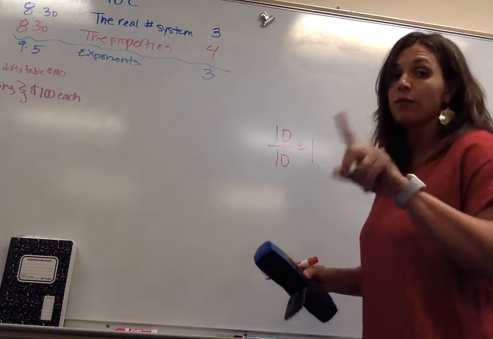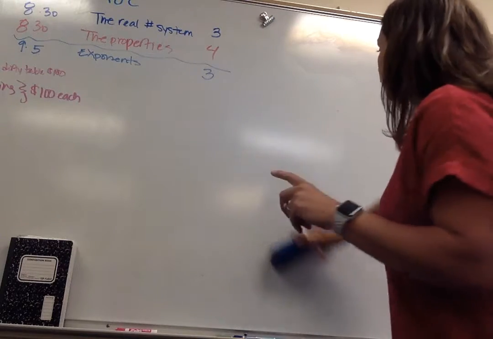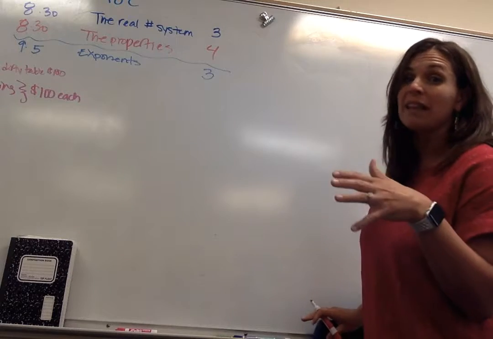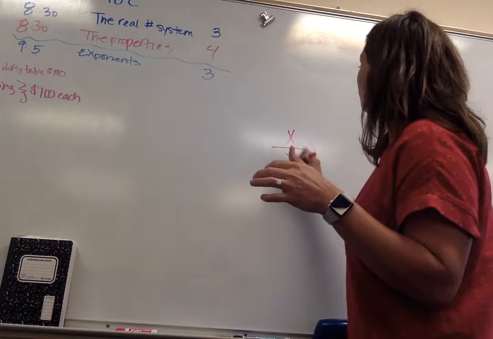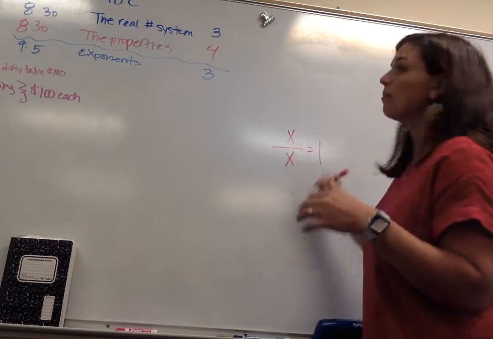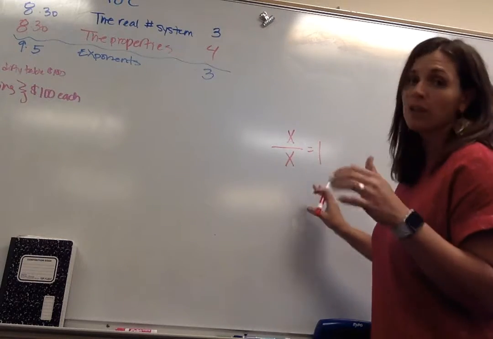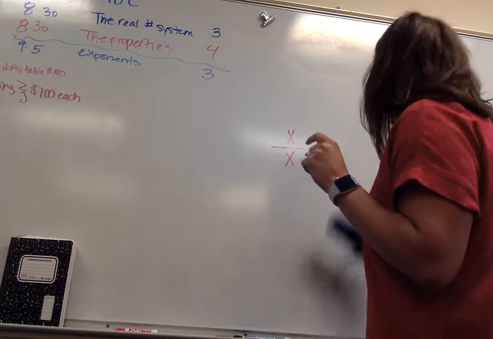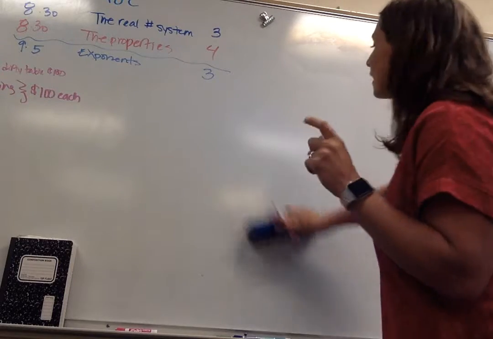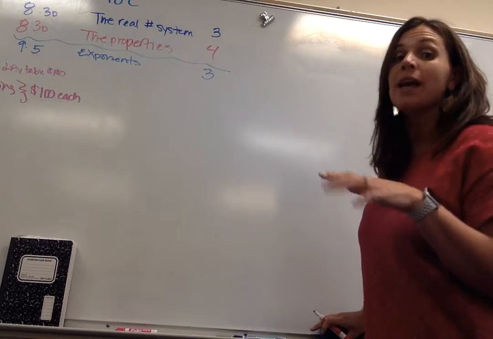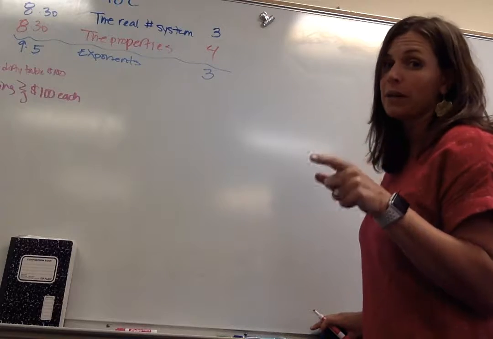Anything divided by itself is 1, and it goes for variables and for anything, because x goes into x one whole time. This is the pattern we need to recognize. When we recognize that anything divided by itself is 1, negative exponents become a little bit easier.